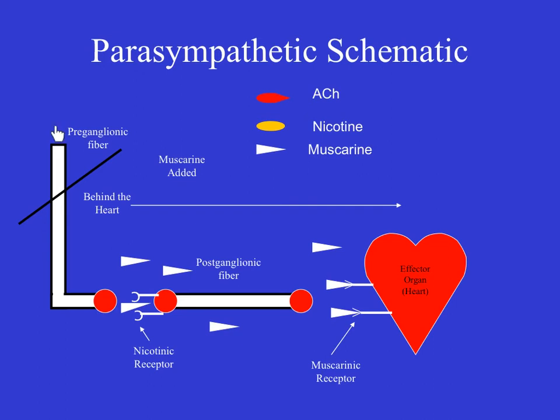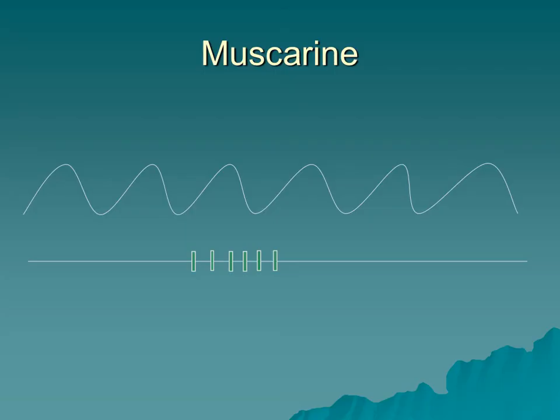Now, when I stimulate here, I get my action potential to come down, it goes across the synapse, binds here, triggers an action potential, which travels down and causes the release of acetylcholine here. So the acetylcholine is being released here, and we're bound, so we can't change the heart rate. So what does that look like? It looks just like this, where we have the normal heartbeat, and even during stimulation, we don't change that.